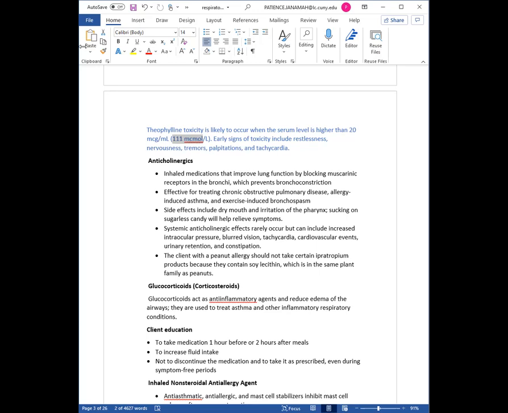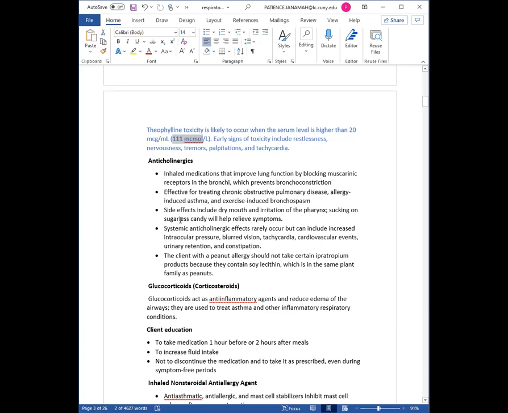Now let's go to anticholinergics, inhaled medications that improve lung function by blocking muscarinic receptors in the bronchi, which prevents bronchoconstriction. They are effective for treating chronic obstructive pulmonary disease, allergy-induced asthma, and exercise-induced bronchospasm. Side effects include dry mouth and irritation of the pharynx.